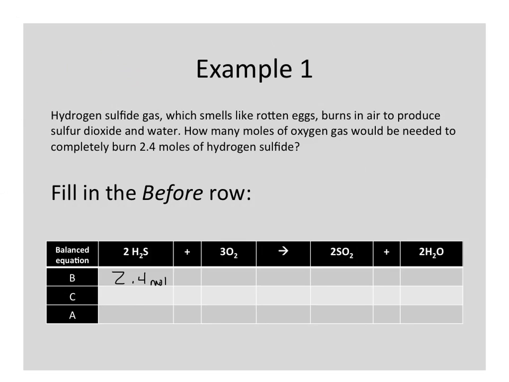And it says that we are burning with oxygen gas. Well, there's lots of oxygen gas in the air, so instead of putting a number, we just write excess, because we've got a lot of extra. We haven't reacted anything yet, so we're going to put a 0 moles for the SO2 and 0 moles for the water.